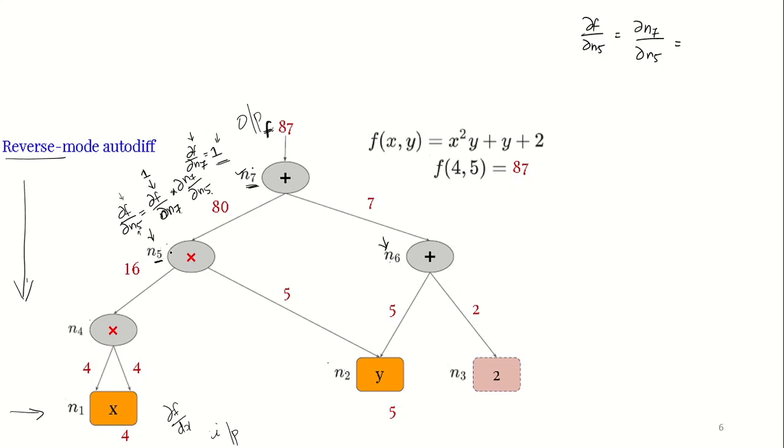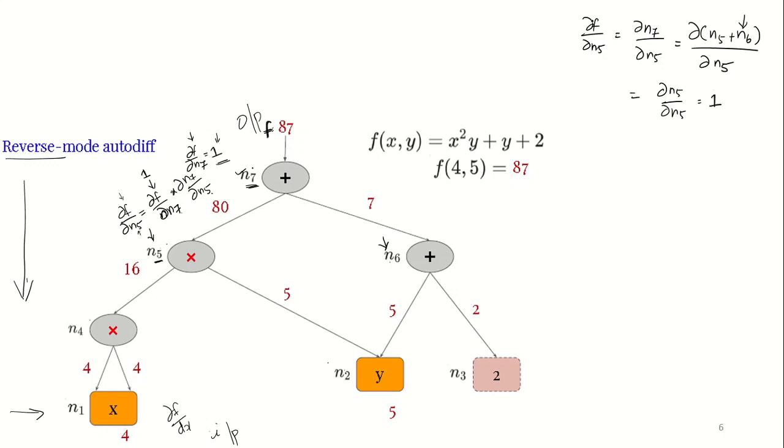And what is n7? n7 is actually the sum of n5 and n6, so we can rewrite n7 as n5 plus n6, by dou n5. In this derivation, n6 is taken as a constant. So what will be the answer? It will be dou n5 by dou n5, and that is equal to 1.